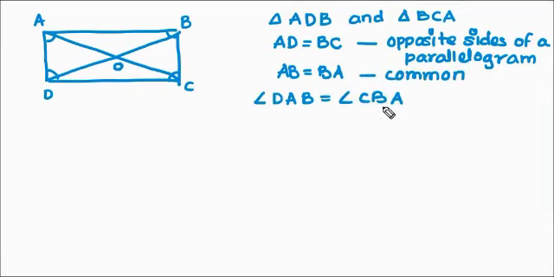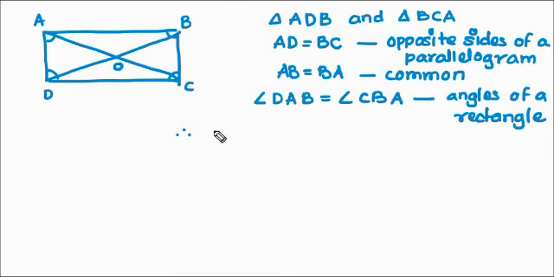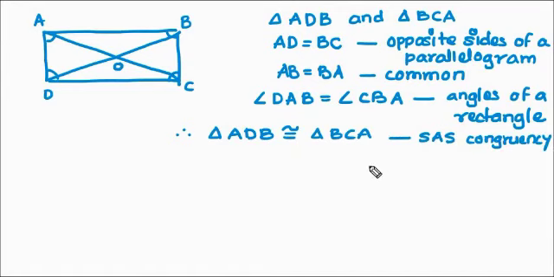Angle DAB is equal to angle CBA because it's given. It's a rectangle and all angles are equal. And therefore what we get is triangle ADB and triangle BCA are congruent using SAS, side angle side congruency.